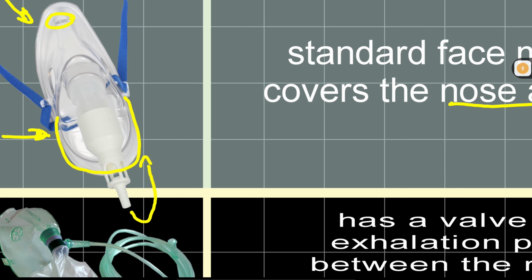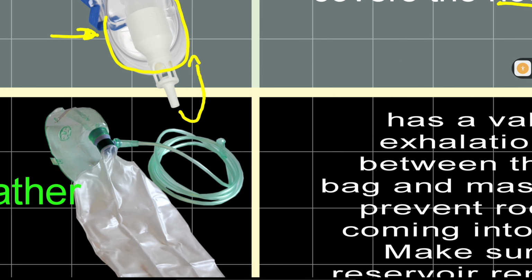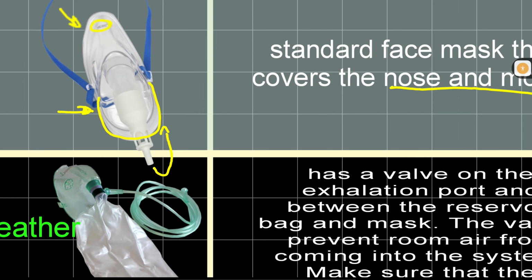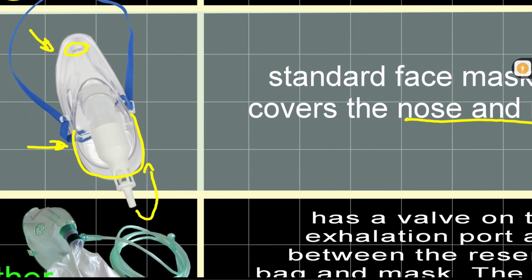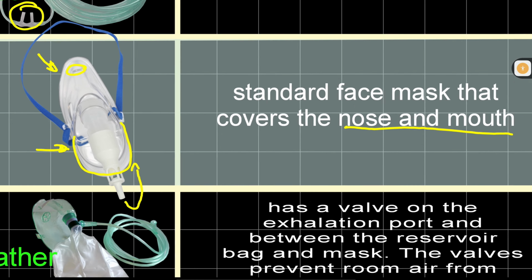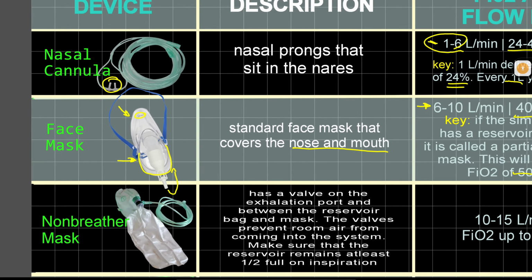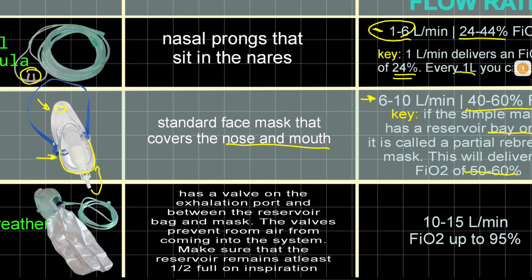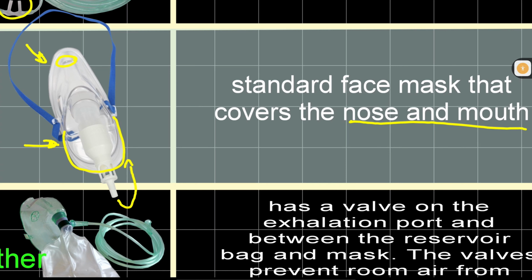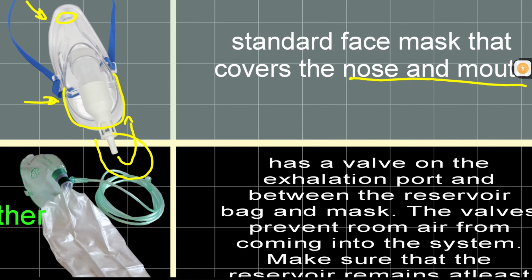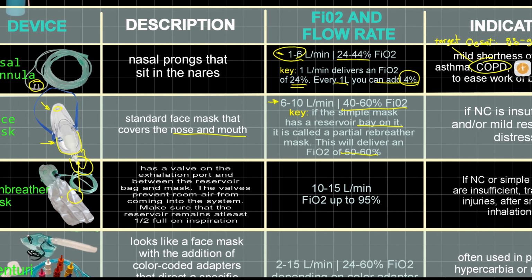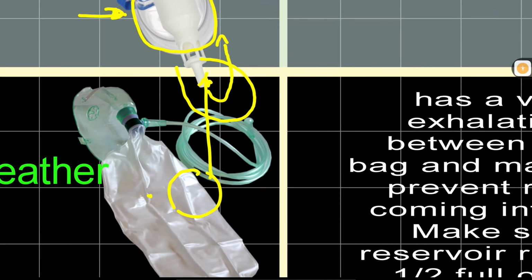This is a bit confusing because the non-rebreather, which we're going to tackle later, normally looks like a face mask, but you can tell the difference if you can see a small reservoir, like this bag attached to this. But it definitely looks like a face mask.